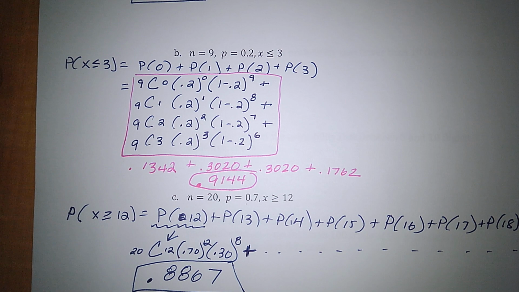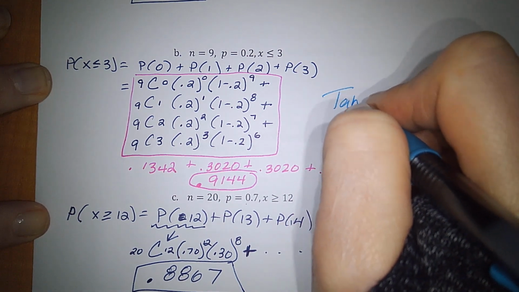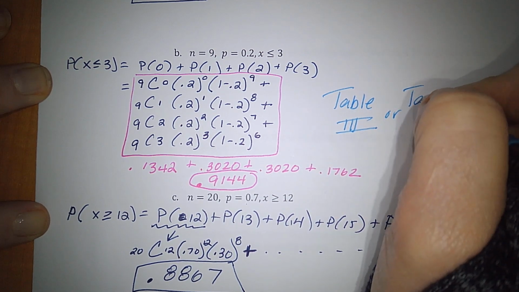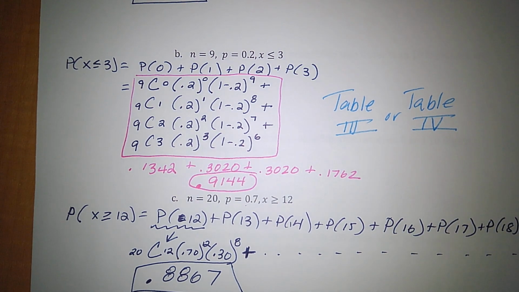A shortcut to using this, by using table 3, which is what we're doing now, you could also use what's called table 4. Table 4 is a cumulative table. So if you keep flipping through your tables until you get to table 4, it's a cumulative table.